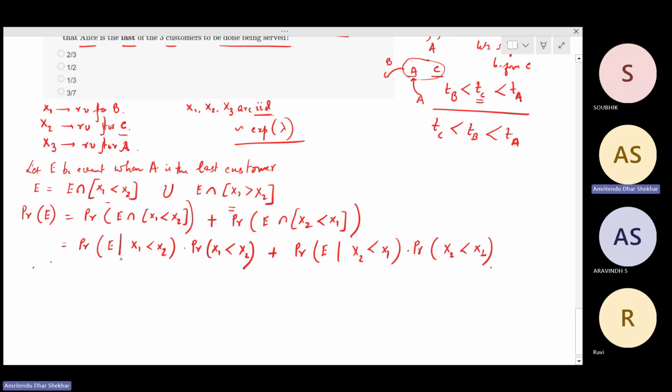So this is equal to the probability that x1 is greater than x3 is greater than x1.